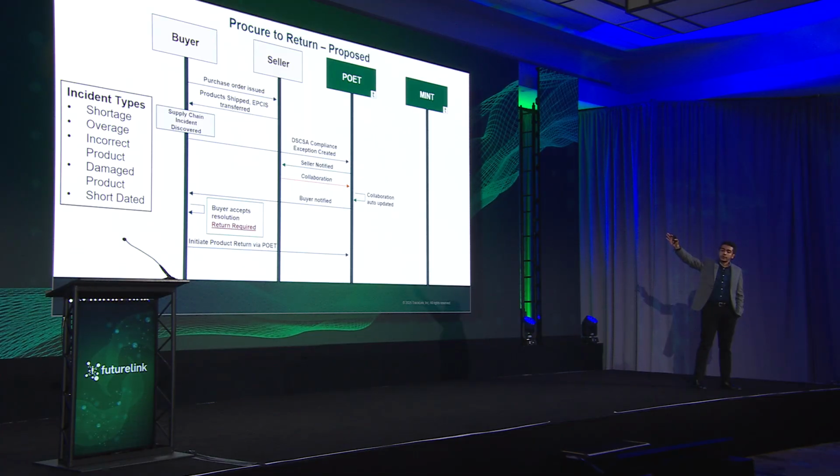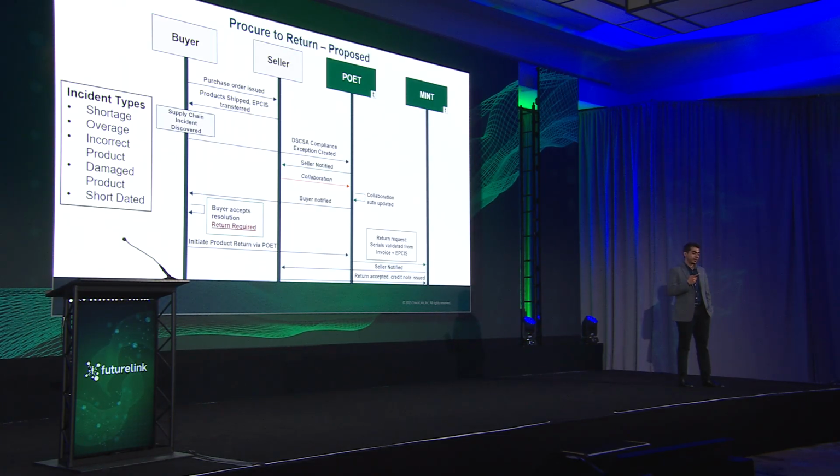During receiving, with the receipt of the EPCIS file, you're in a position to identify at that point, because you have the receiving solution, serial numbers that may be flagged, which weren't part of the file. Once that happens, all the data from there is cascaded down through these people-to-people and business-to-business processes, and the applications themselves are able to communicate with each other, make sure that the seller and buyer are always updated, consume the responses from these two parties, and then follow through with the credit note or the account adjustment.